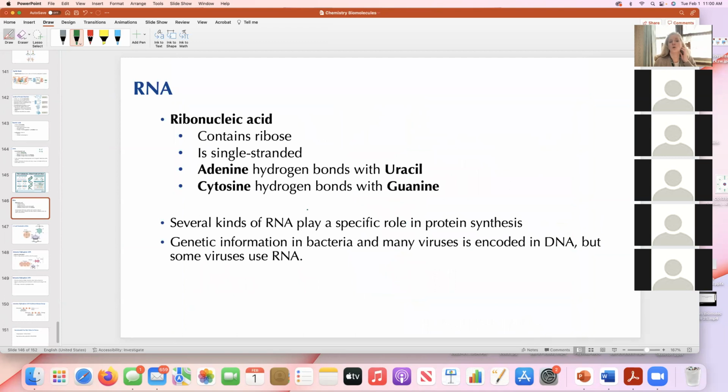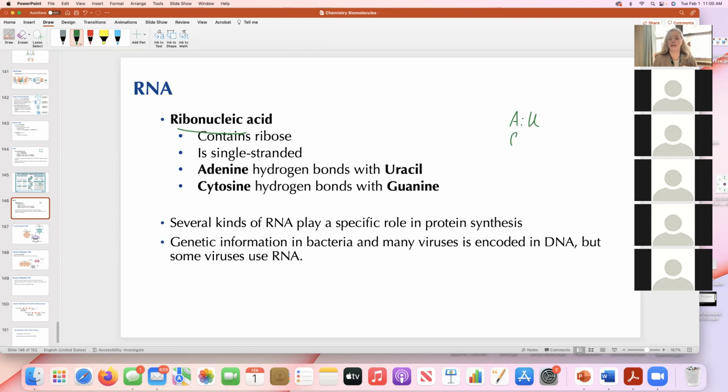All right, so RNA, instead of deoxyribonucleic acid, RNA is ribonucleic acid containing ribose. It is single-stranded. And when we had DNA, we had adenine bonding with thymine. We now have adenine bonding with uracil, okay?